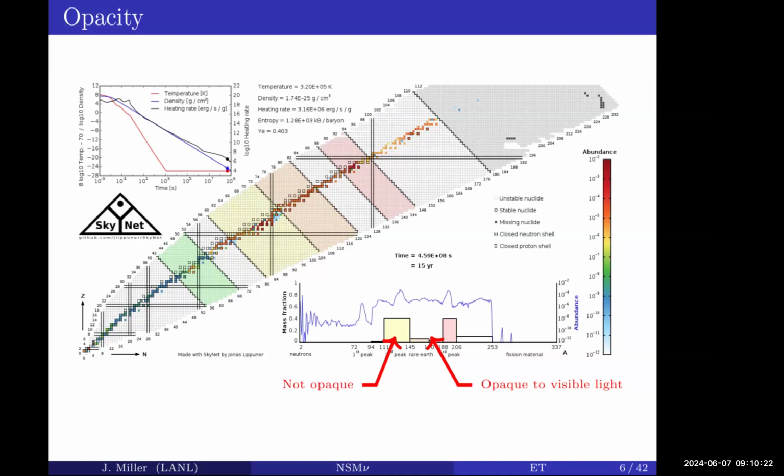But if you look at our sun, or other stars in the galaxy or in the universe, you can find this pattern, the so-called R process pattern. Down here, this peak is called the iron peak. This is the first R process peak, second R process peak, third R process peak, and then in the middle here is the rare earth peak.